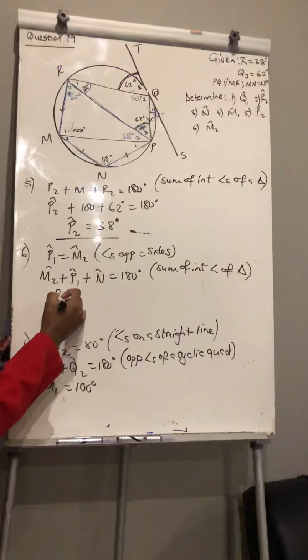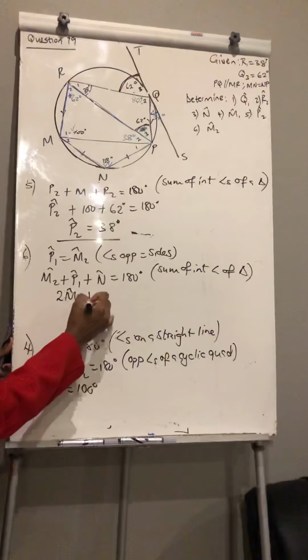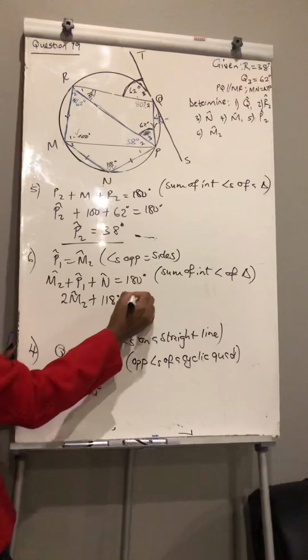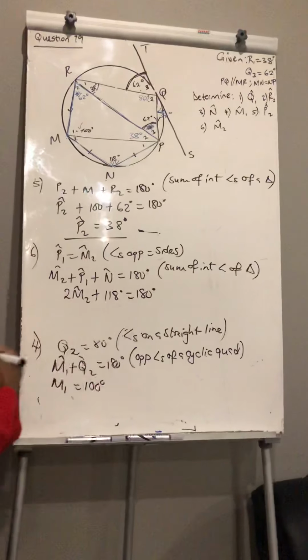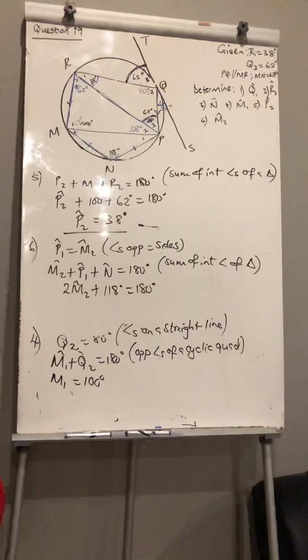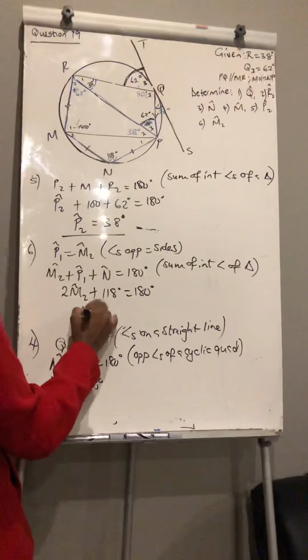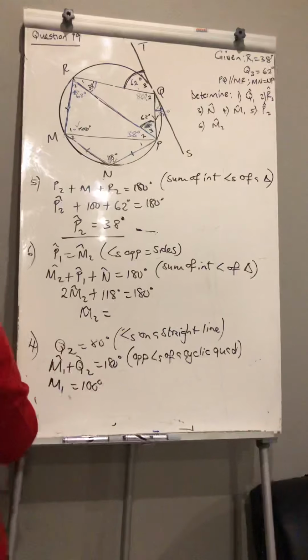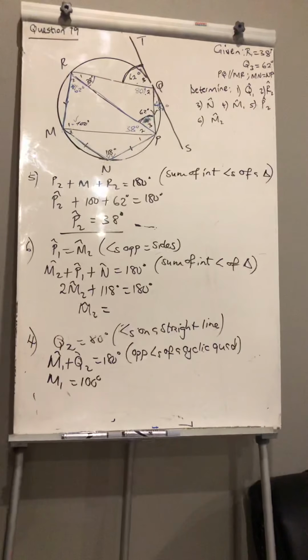So it's as good as you have 2M2 plus N here, which is already 118, is equal to 180. At this point, you should find it very simple to find M2. So let's quickly subtract this and divide it by 2. It should be simple to do.